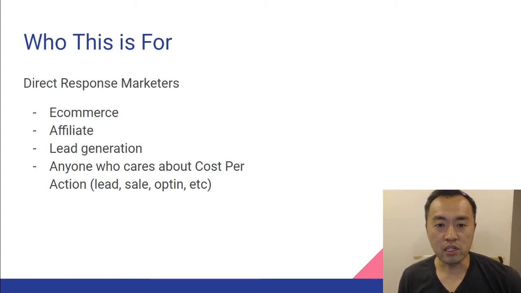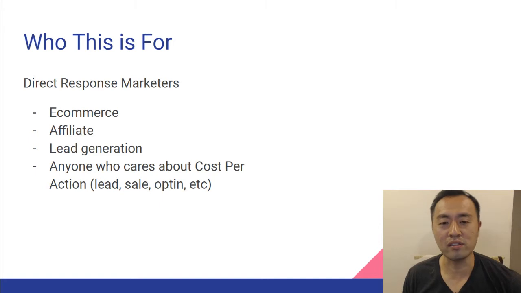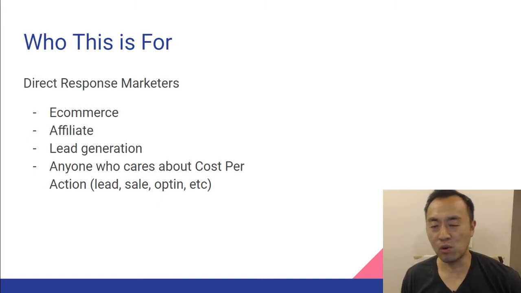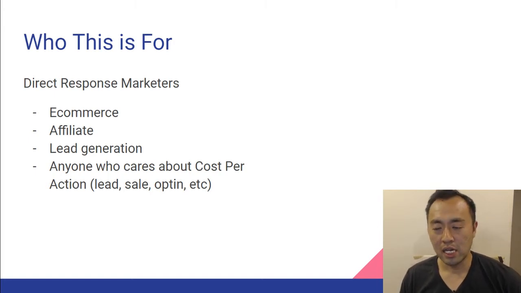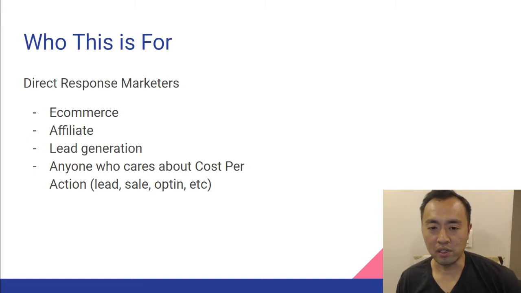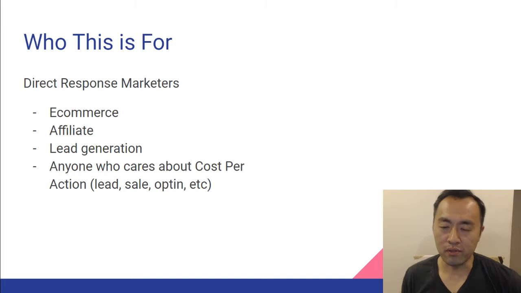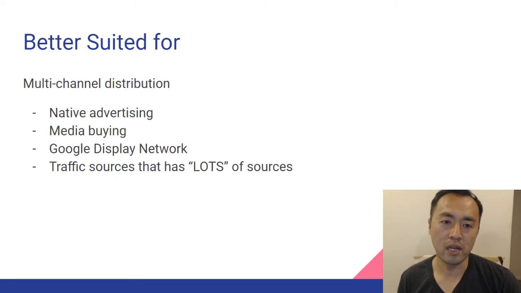So if you run e-commerce, if you are an affiliate marketer, you do lead generation, you run a game company, I don't know, you run mobile apps, and basically you want to bring the cost of acquisition down, and you want to be able to track so you can kill what doesn't work and keep expanding what works, right? So anybody who cares about cost per acquisition, whether it be lead, sale, opt-in, download, whatever your metric is, whatever your KPI is, that's what this was designed for.